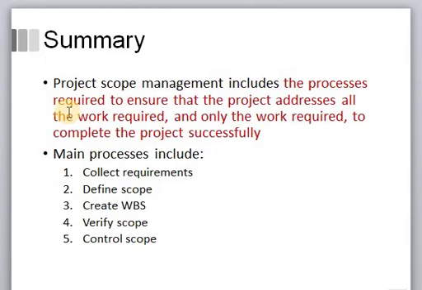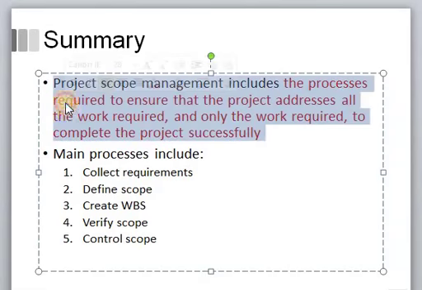In this chapter, we studied that project scope management includes the processes required to ensure that the project addresses all the work required, all the requirements required, all the features or functions required, and only the work required to complete the project successfully.